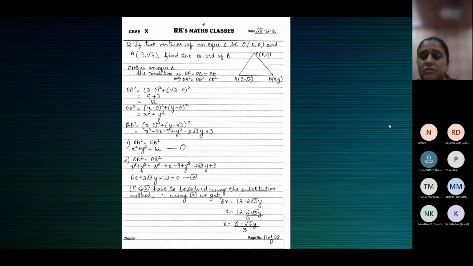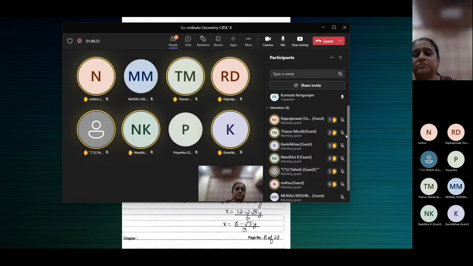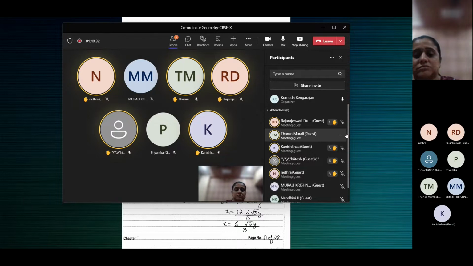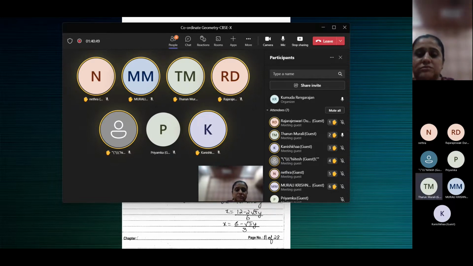Who has gone ahead? Rajeshwari, where are you working? Why no response, Rajeshwari? Tarun Murali, have you gone beyond this page? I'm working, ma'am.